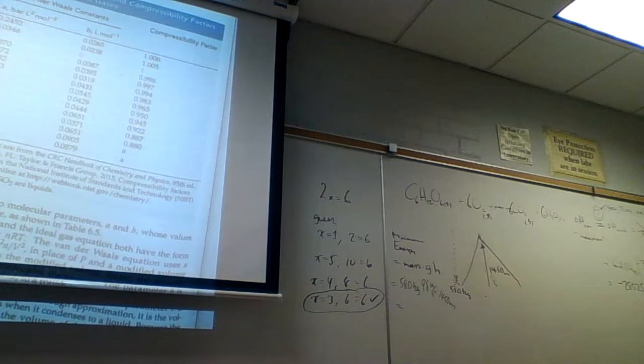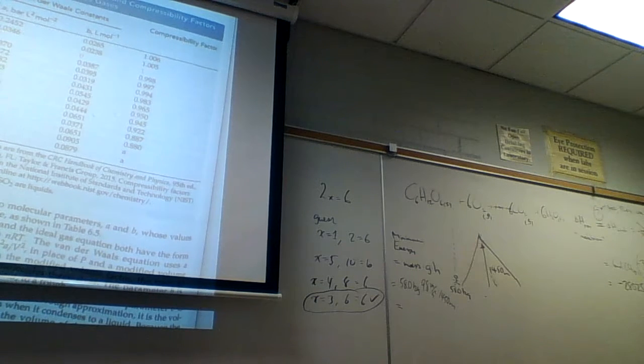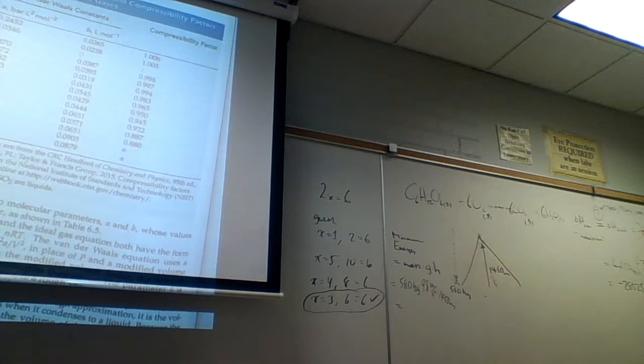And so A is a measure of the intermolecular attractions. And the bigger the intermolecular attractions, the less ideal, the lower the pressure you expect. Right? And so what intermolecular attractions does is it lowers the pressure. Where's CO2?